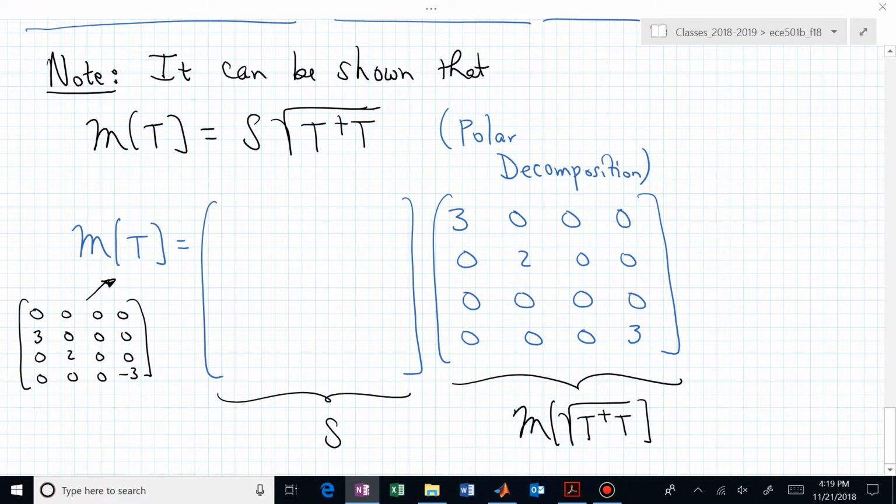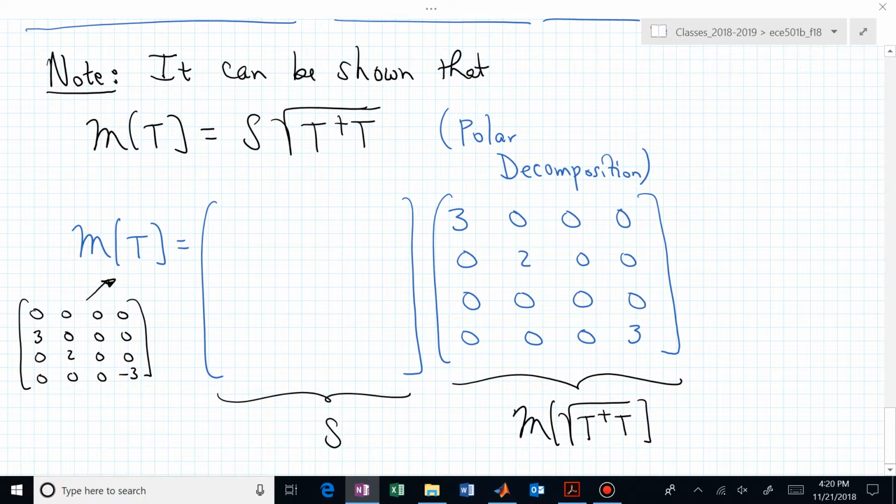In other words, is there a way to form the top row in the matrix representation of t using some rotation on the matrix representation of the square root of t dagger t? Well, here, all we need to do, remember S needs to be full rank, and it has to have eigenvalues of 1 or minus 1. It's not scaling at all, it's simply rotating.